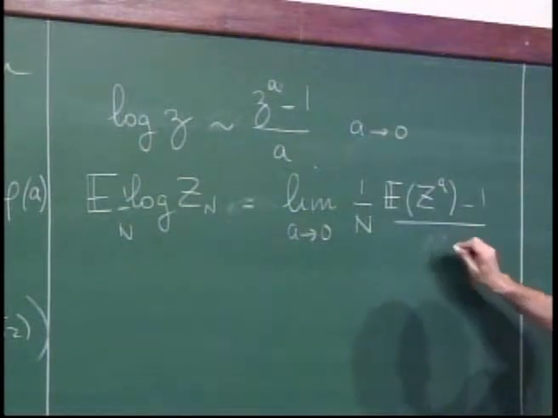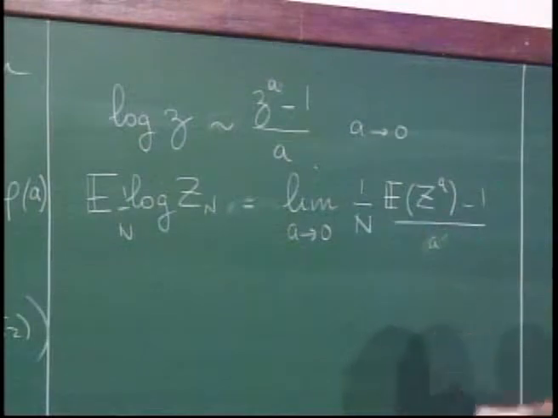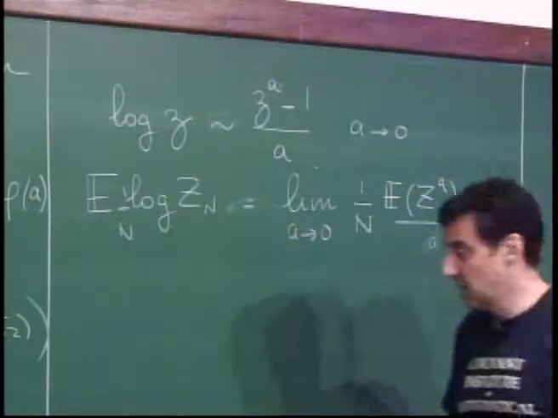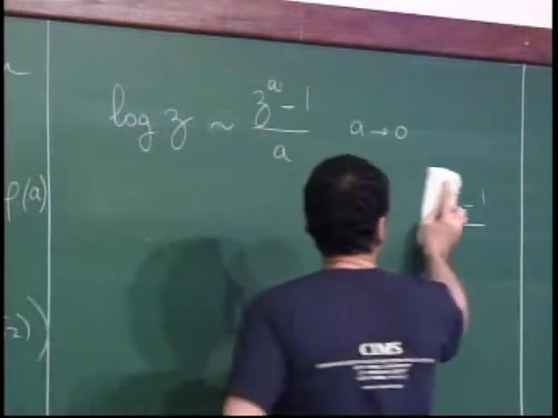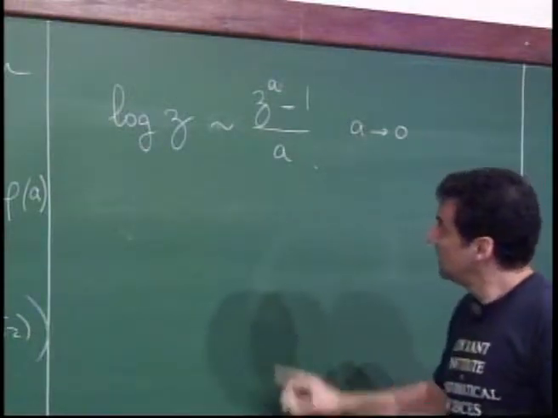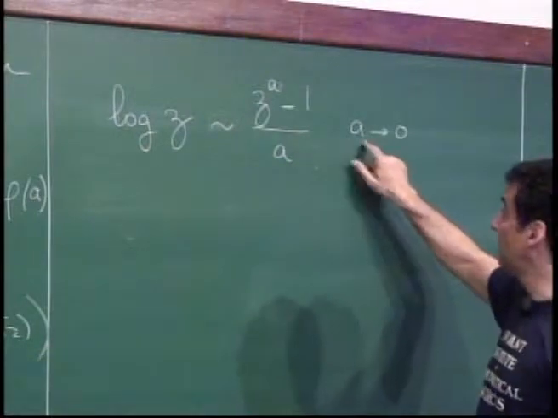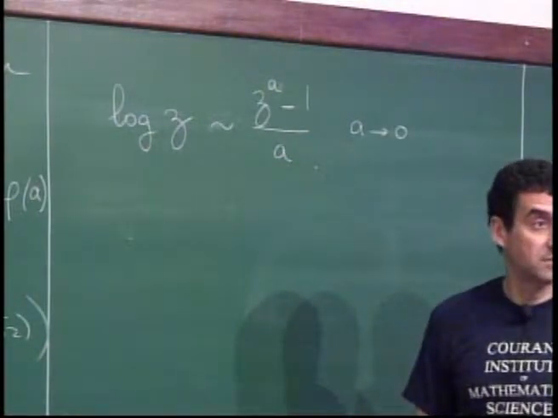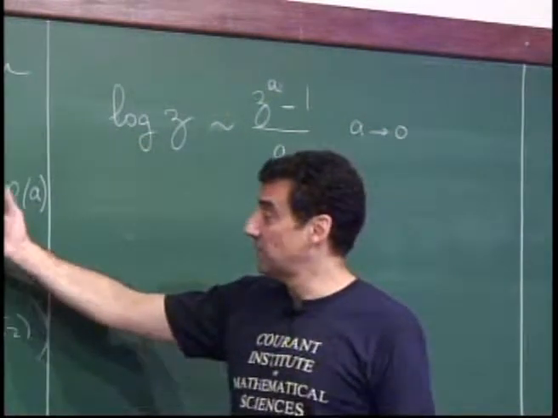So once you know how this behaves, then you should obtain the behavior of the log. The problem, of course, is that here you need to have a go to 0. And we know the behavior of this guy when a is an integer.